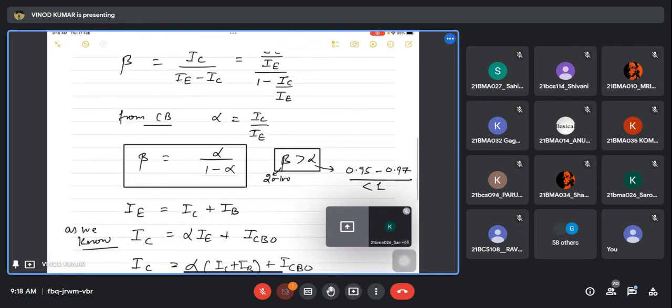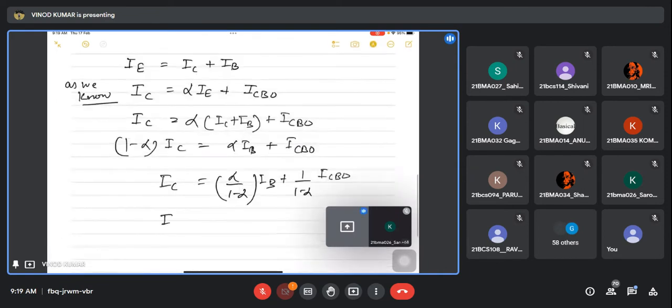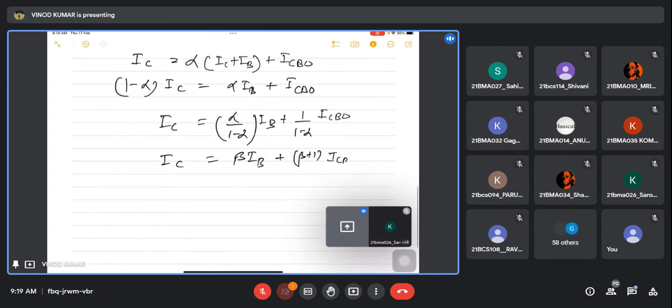So from here we can understand this is nothing but beta of IB, and this is beta plus 1 of ICBO.